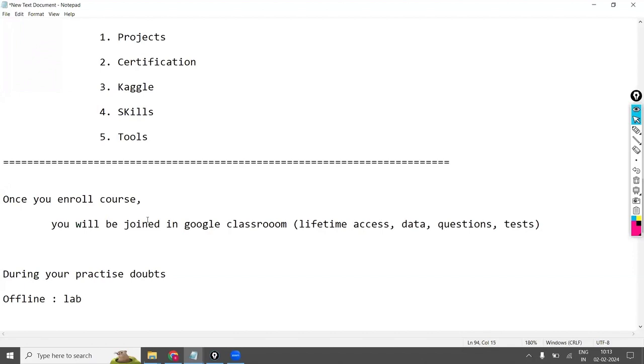In the lab, mentors are there. Mentors will help. This is for offline. The timings for this are from 8 to 8, 8 a.m. to 8 p.m. Directly, you can ask what questions you are having and they'll help you.